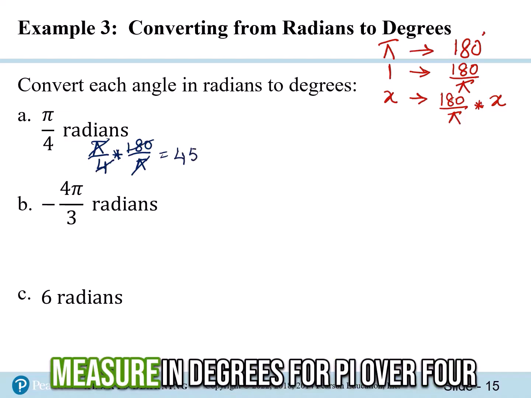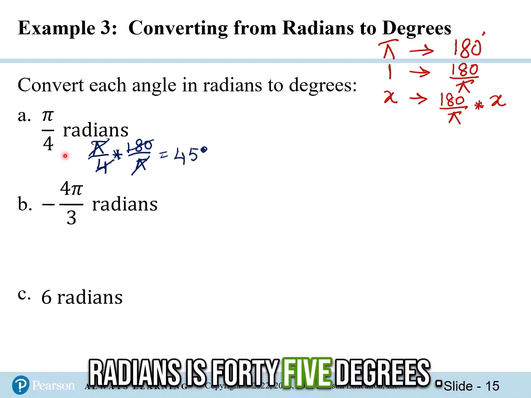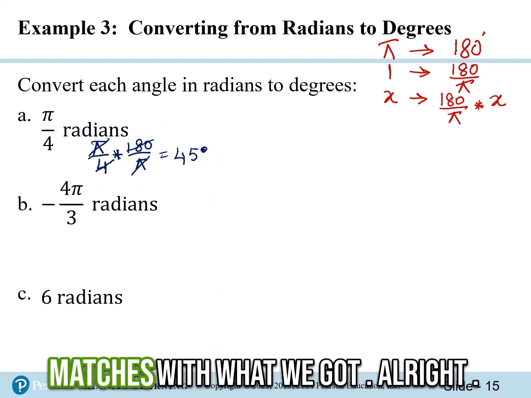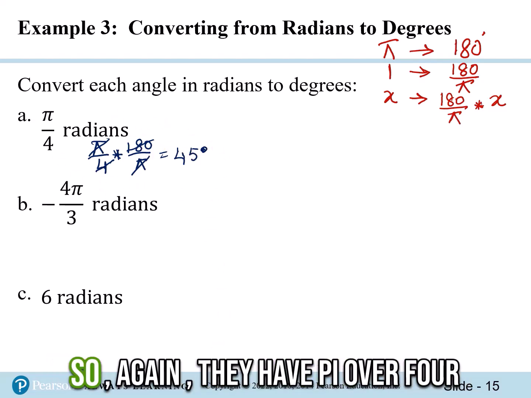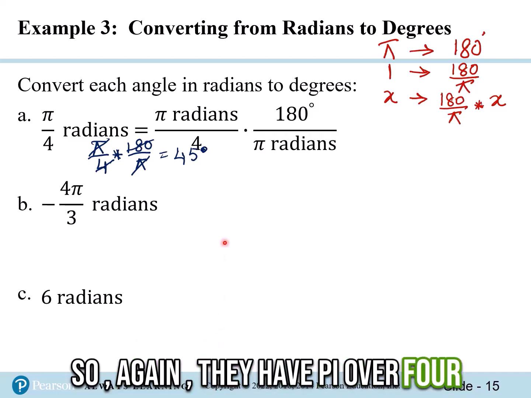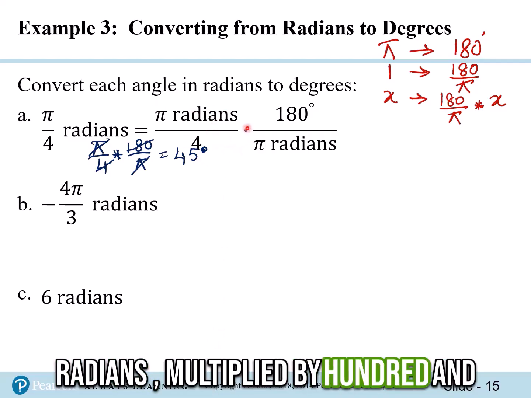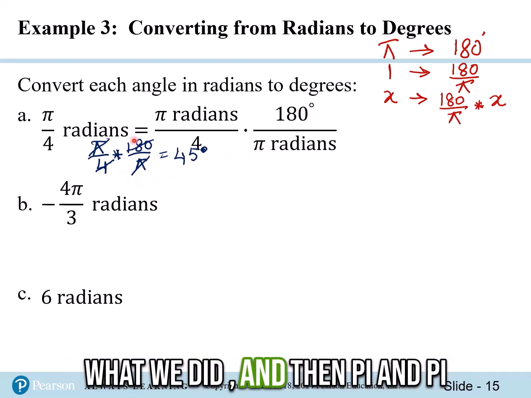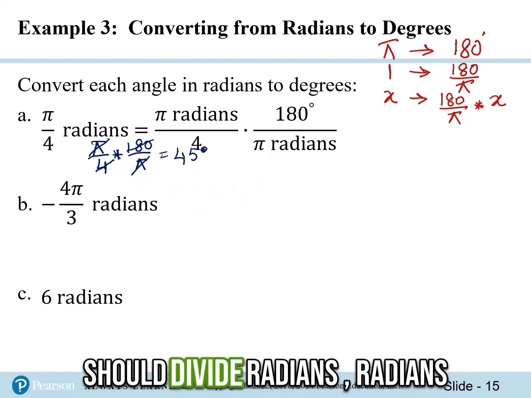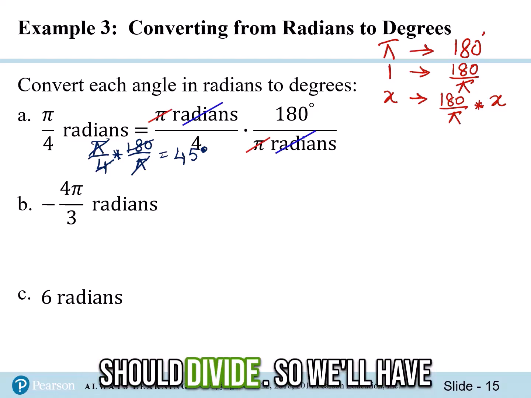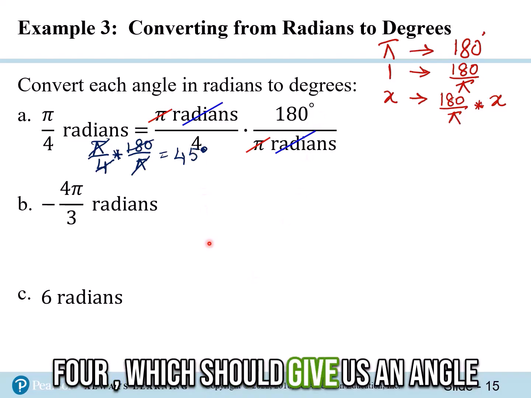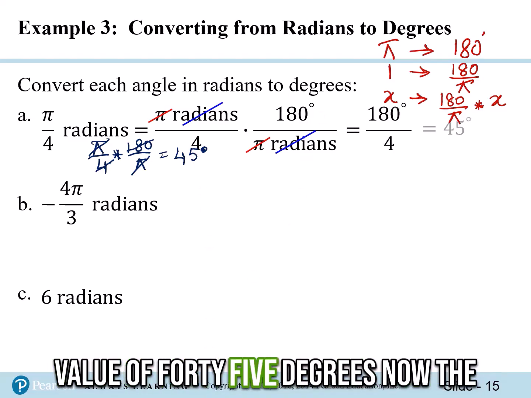So the angle measure in degrees for pi over 4 radians is 45 degrees. All right. So now I'm going to pull up the solution to see if that matches with what we got. So again, they have pi over 4 radians multiplied by 180 over pi, which is the same as what we did, and then pi and pi should divide, radians should divide, so we'll have 180 degrees over 4, which should give us an angle value of 45 degrees.